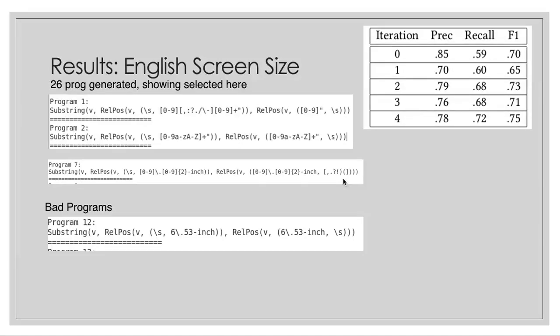So there are a lot of these good programs where we see the value and the unit being extracted appropriately, but then there are also a couple of bad programs that we see lower in the list because there are fewer such examples, and this could be because of certain fixed values being learned in the program, like 6.53 inch, and the precision and recall is again around 0.8 and 0.7. So we get an F1 score of approximately 0.7.